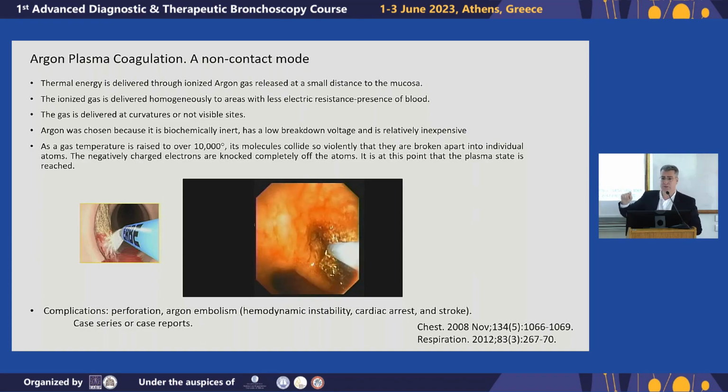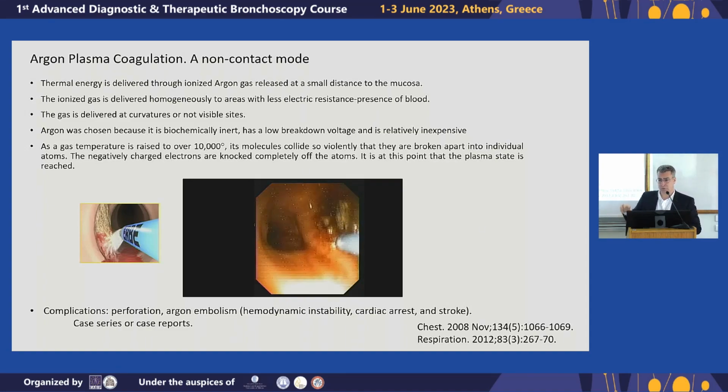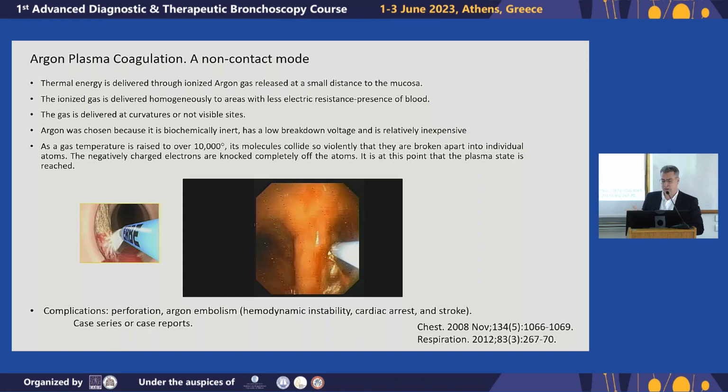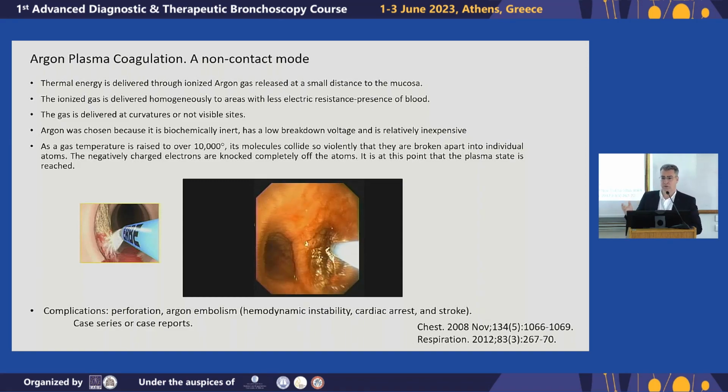Why do we do this? Because if we are in complete contact with the tissue, first of all, it doesn't work well. Second, if we release a huge amount of gas on a tissue that is very well vascularized, we risk the argon going into the vessels. And then we have this reaction that's called argon embolism, air embolism.